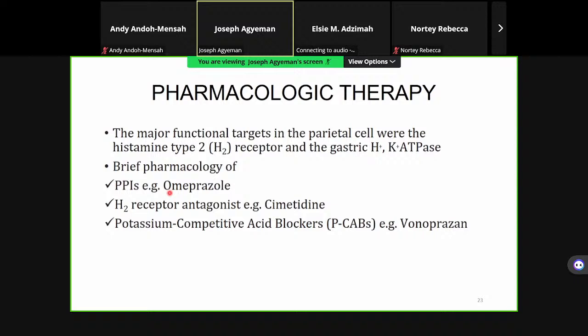So once they get protonated, they are converted initially to the cationic tetracyclic sulfonamic acids. And then they can also rearrange and become cationic sulfonamides. So these are the active forms of the PPIs.